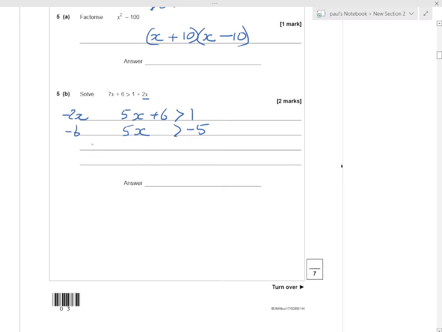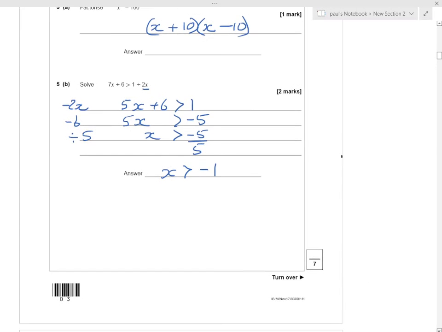Now we've got 5 times x, so do the opposite, divide by 5, which gives us x, and minus 5 divided by 5, which is x is greater than minus 1.